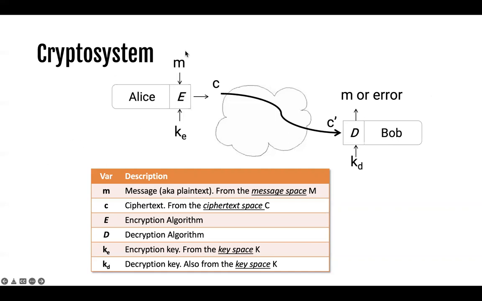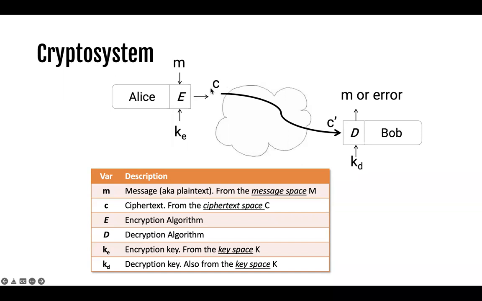It will first have a plaintext, which is just a message, right? Then she uses the encryption algorithm to encrypt the message, perhaps with a key. Here there is a KE, meaning this is the key that Alice uses to encrypt the plaintext M. After this encryption, Alice gets ciphertext C, okay?